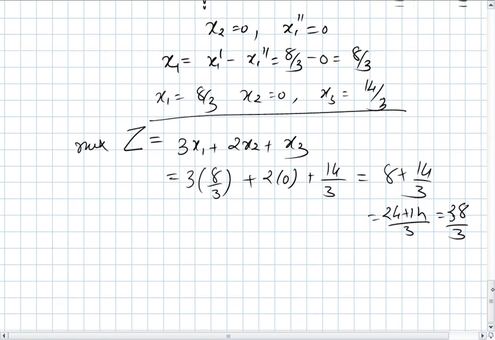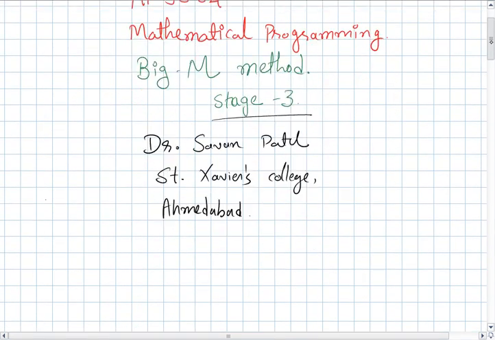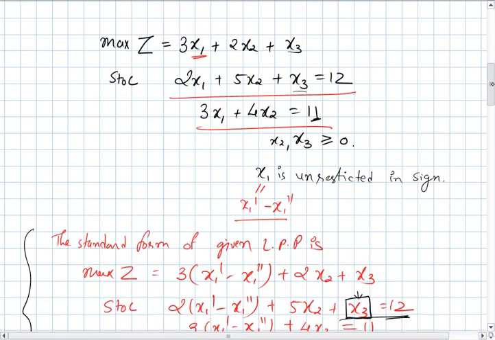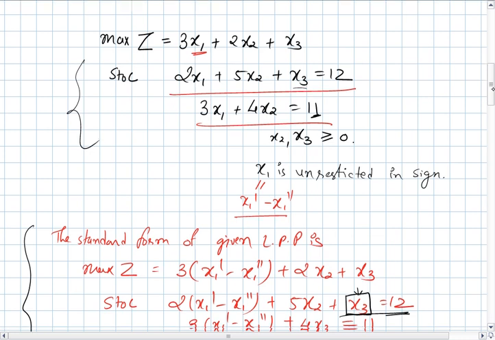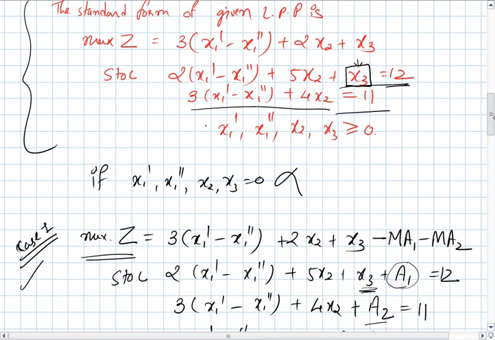So today we have seen that whenever you are having a linear programming problem with more than one equality constraint, you can directly insert artificial variables in both the constraints and start solving that.